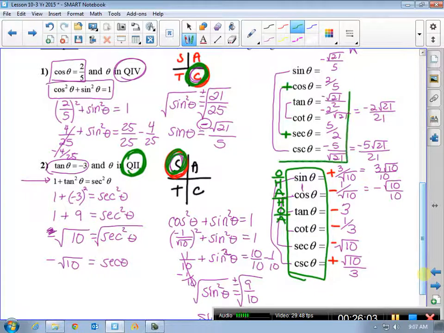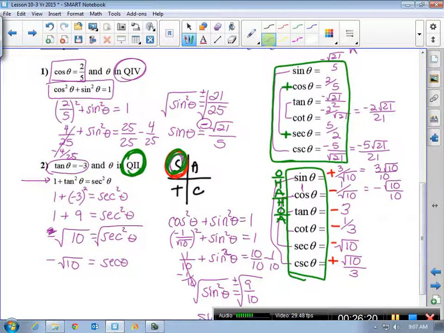So I want to examine real quickly what that would look like. When you're given information in a problem, you're often given enough to do all of the trig functions.